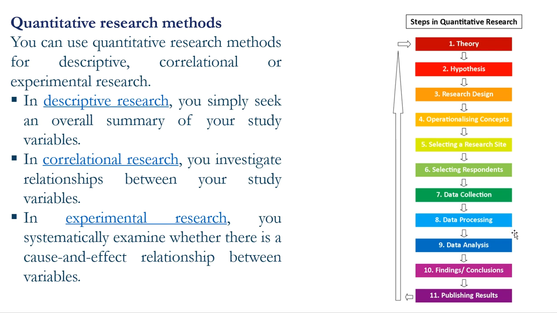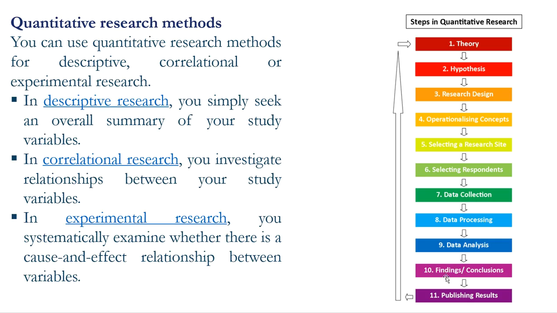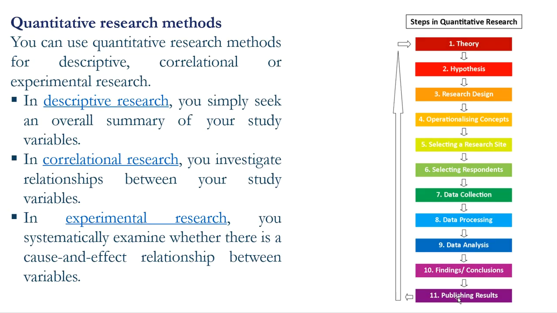Finally, analyze the data based on systematic tools like structure tools and sample size, and various factors, and the findings and conclusion come based on data analysis. Once you identify the results based on purpose, data type, and approach to analysis, you finally reach the conclusion, then plan to publish your article, plan to publish your research.